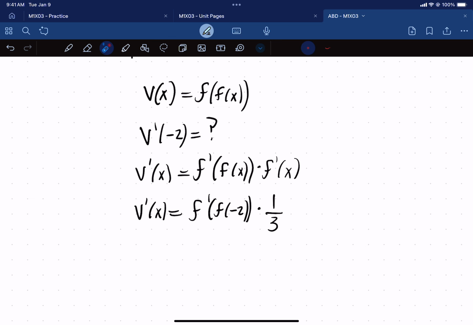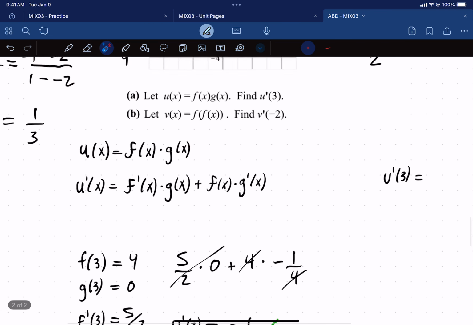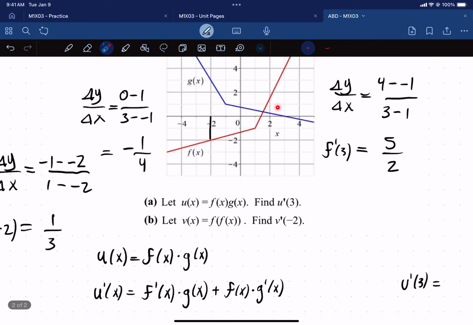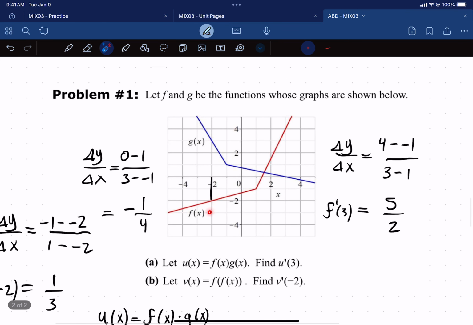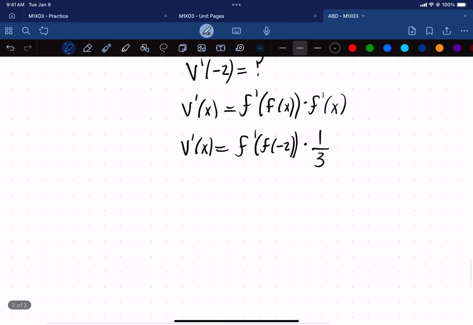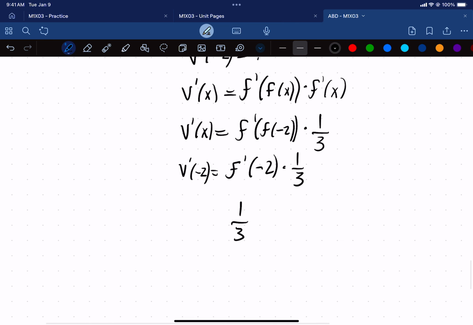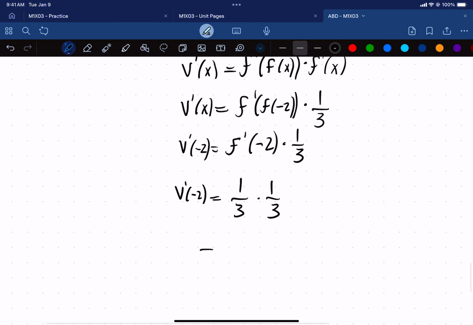But first of all, we need to make sure that this inside function is either this linear part or this linear part right here. So what is f of -2? We can see that f of -2 is just -2. So this is also the same thing as saying f prime of -2 times 1 over 3. So this just becomes 1 over 3 times 1 over 3, which is just 1 over 9. And that's our answer.